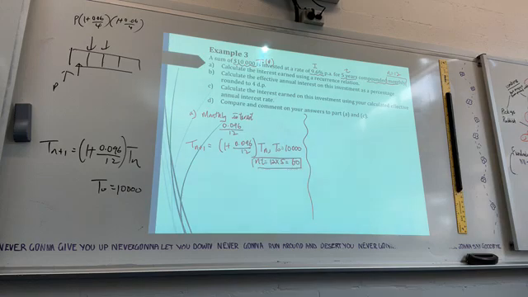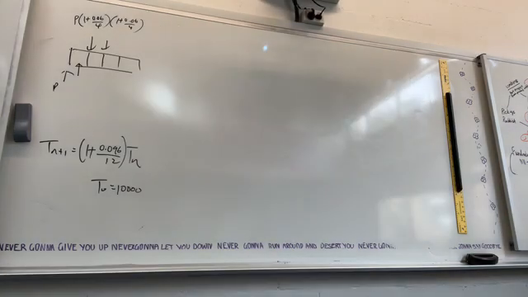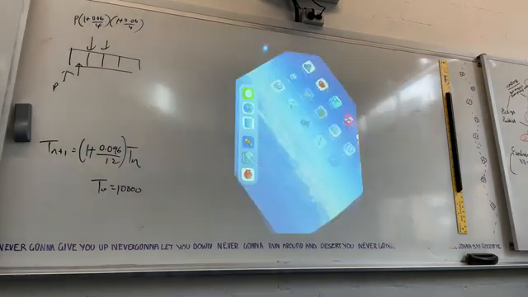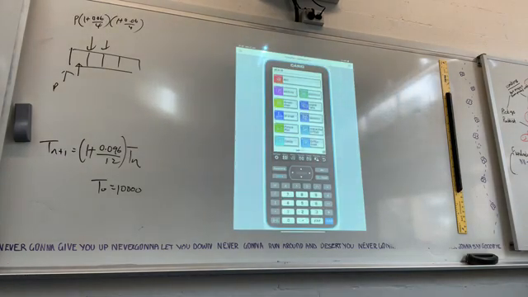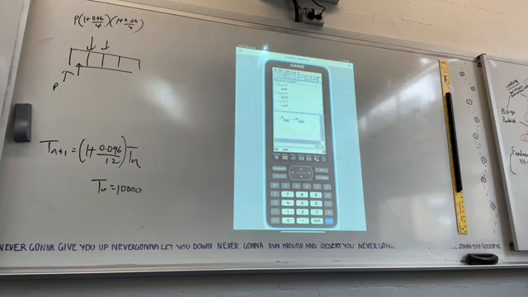Under your Classpad, I want to go to sequences. What I would do is clear all. We also know that the type is A0, because we have got the initial. Let's put this in.